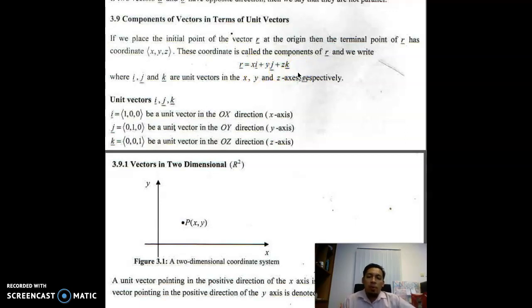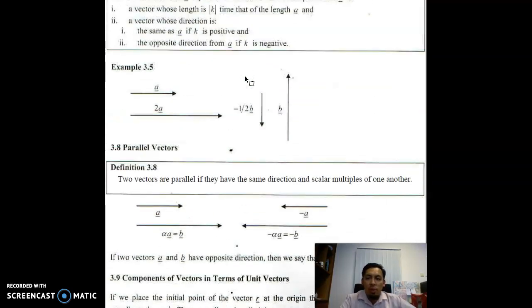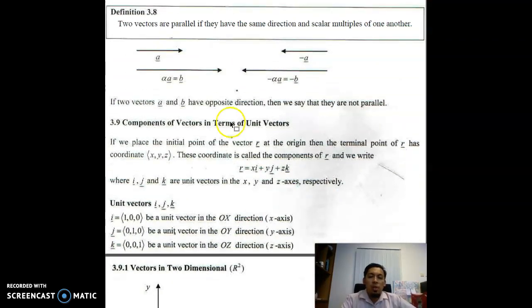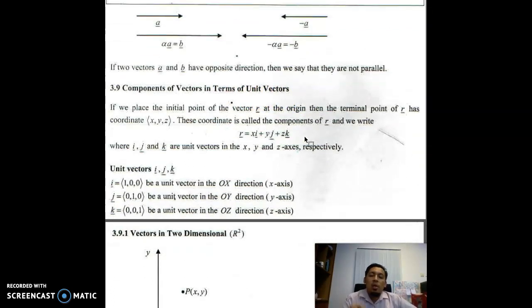If we convert a vector into the form of a unit vector, the length of that vector will be 1. If you have learned before, this length can vary. But once you have changed it into a unit vector, using a formula that we will see later, the length will be 1, standardized.